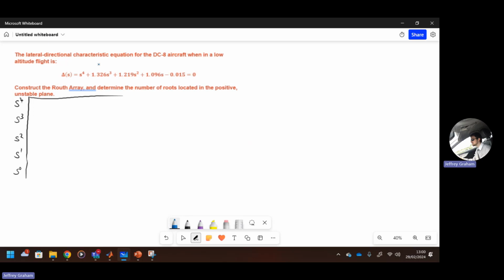Right, values. You start with the S to the 4 value, which is 1. You skip and stay with the even powers, so 1.219. Skip and then minus 0.015. Right, S cubed starts with the S cubed term, 1.326.